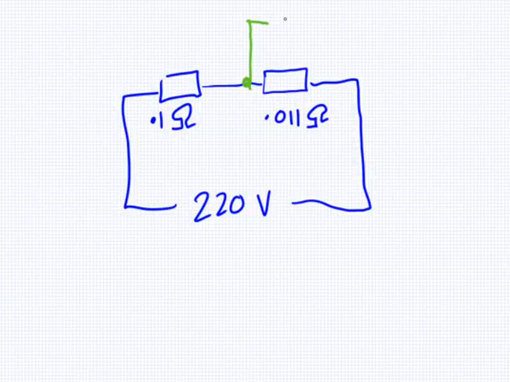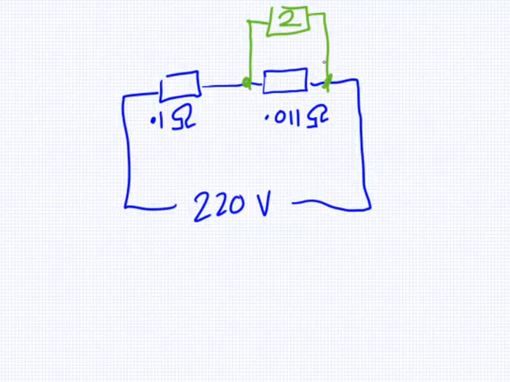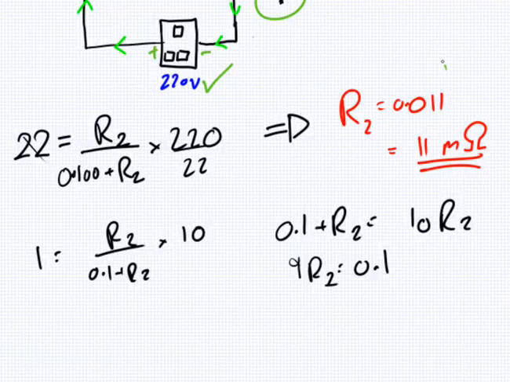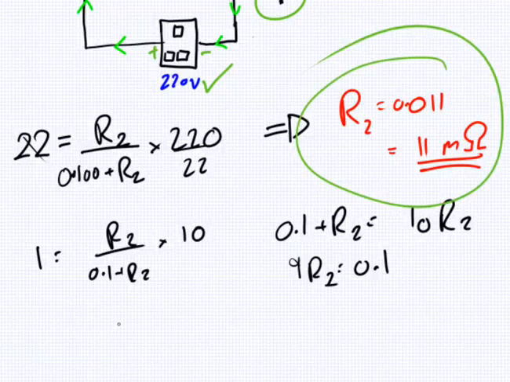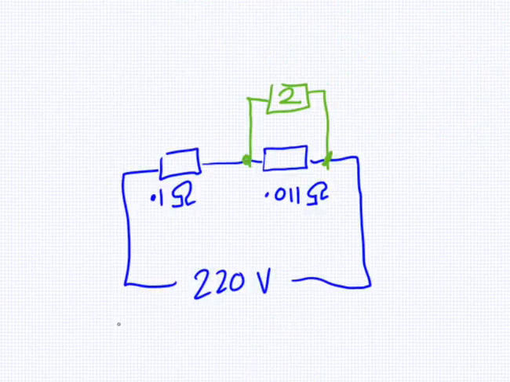So if I use my formula, V out equals R2 over R1 plus R2 times V in. That is 0.2 over 0.1 plus 0.2 times 10, which is 6.67 volts.